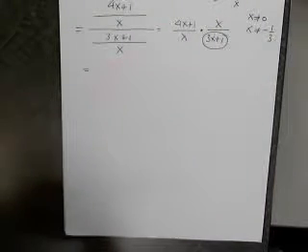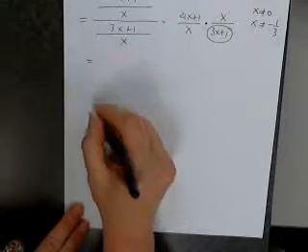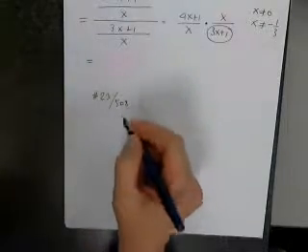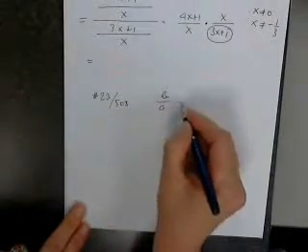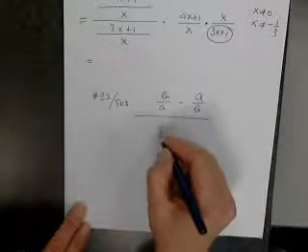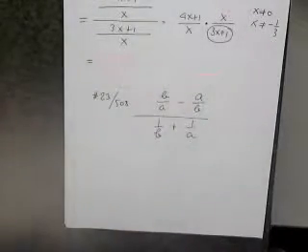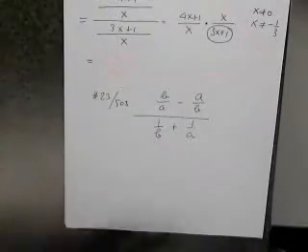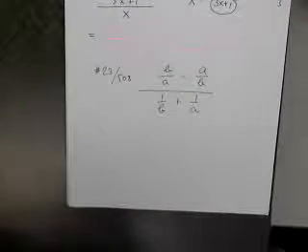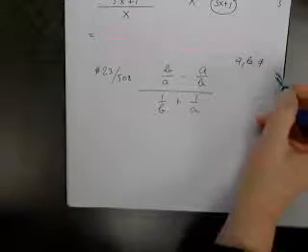Number 23 on page 508. I want to practice one more here. 23 on 508: b over a minus a over b, everything divided by 1 over b plus 1 over a. Yes, you will say a, b not equal to 0.